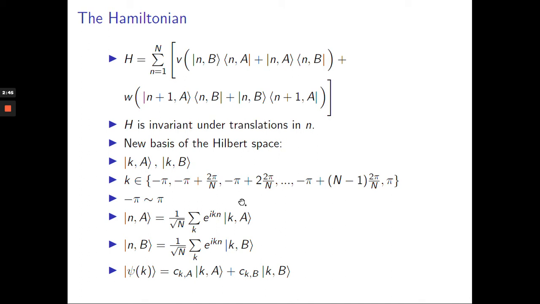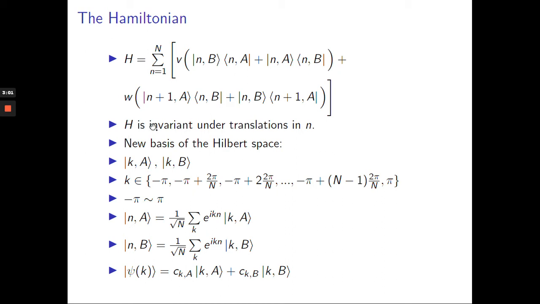So this will correspond to this Hamiltonian. This is a tight binding Hamiltonian, and it's very simple, and we want to study this. We want to find its spectrum and so on.